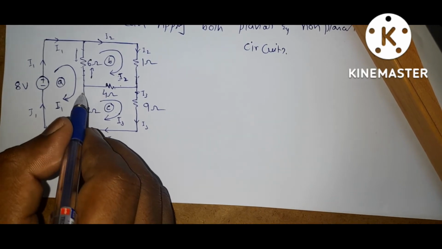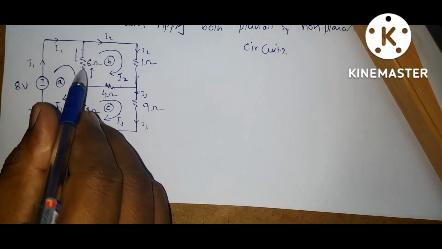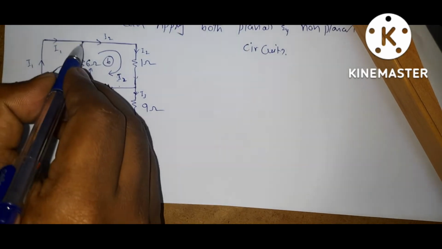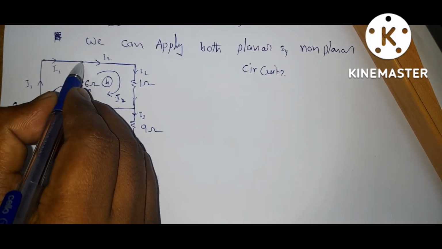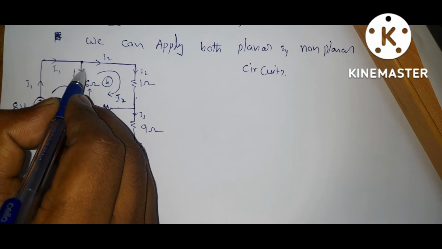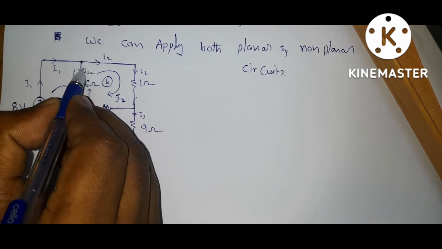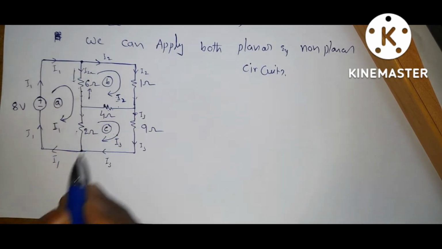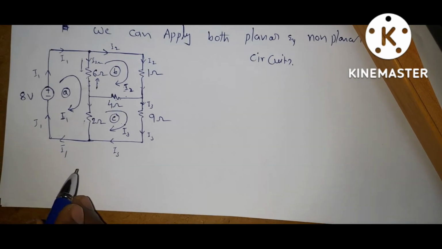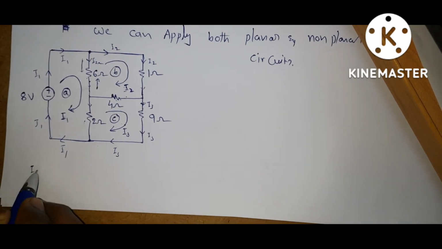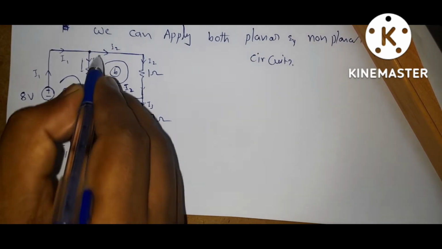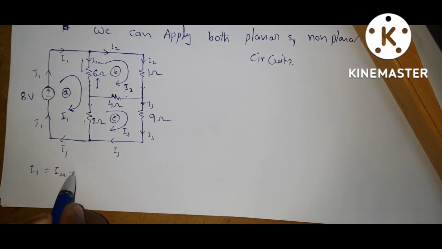How do we find the current flowing through these 2 ohms, 6 ohms and 4 ohms? If you observe this node, apply KCL. Let it be I 6 ohm. What is the KCL? The incoming current is I1. The leaving currents are I 6 ohm plus I2.